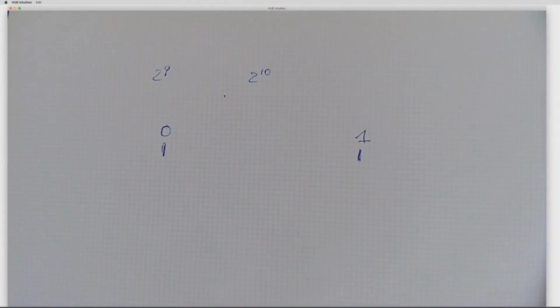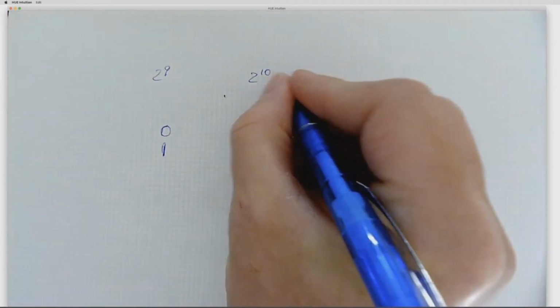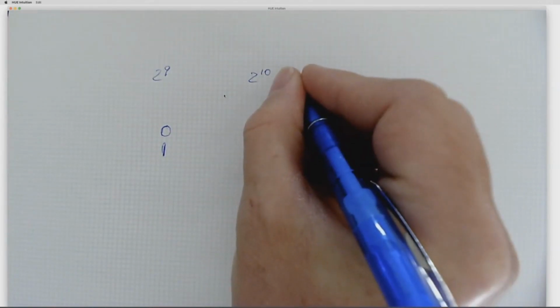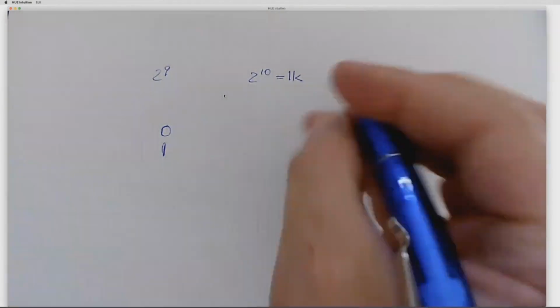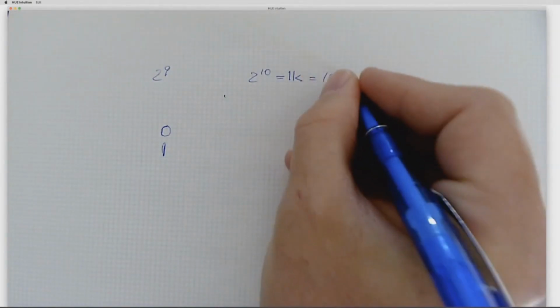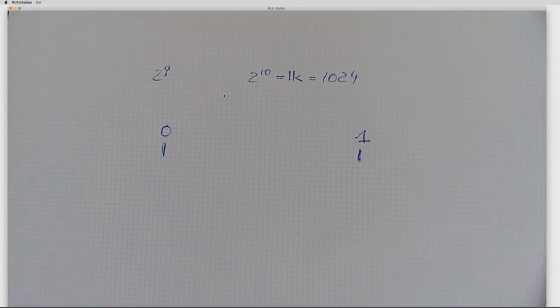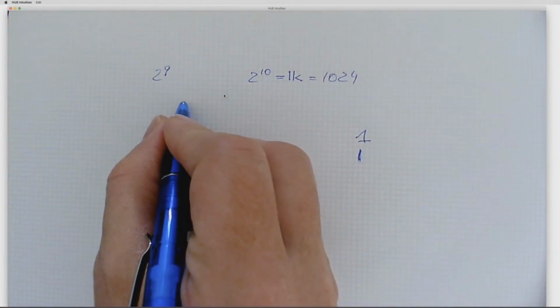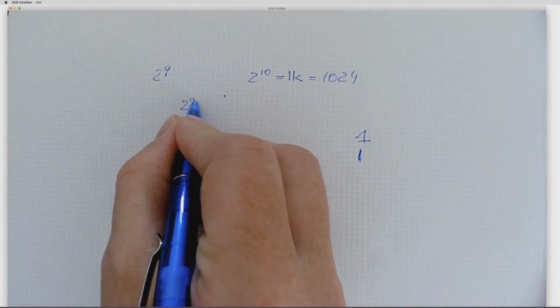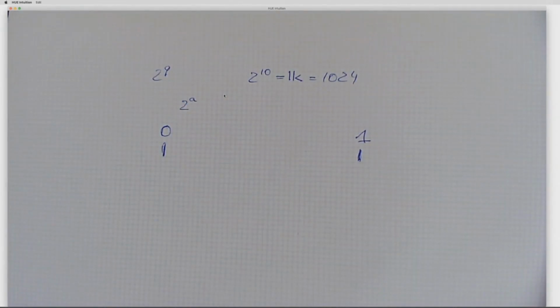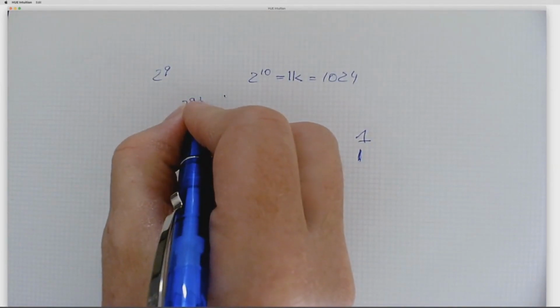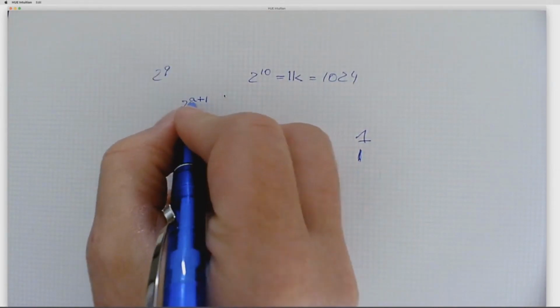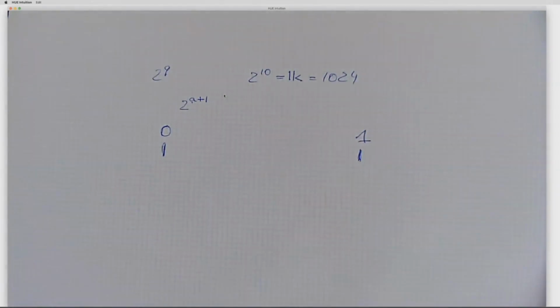Right? 2 to the 10 is 1 kilo, and I happen to have memorized that 1 kilo to be 1024. Right? Now, if 9 equals a, and we add 1 to a, we get 2 to the 10, right? 9 plus 1 is 10, that's 1024.